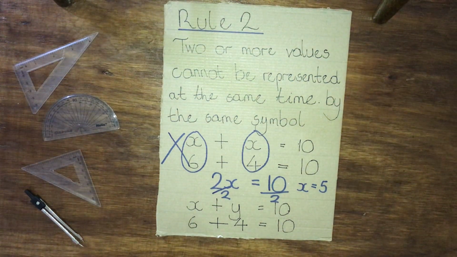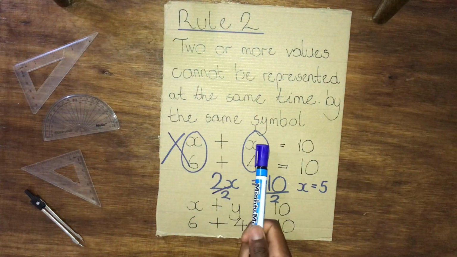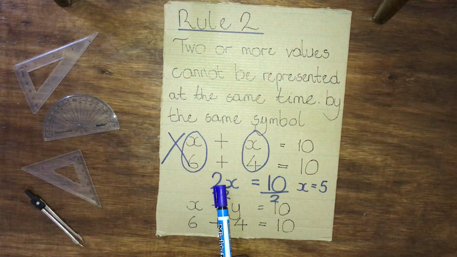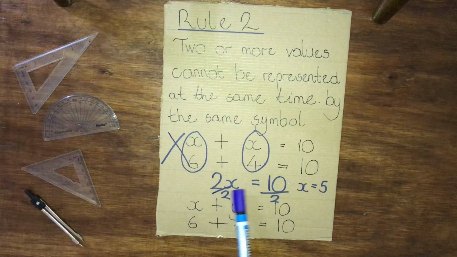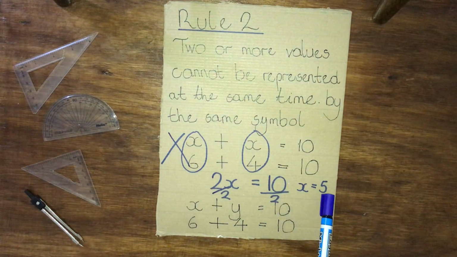Why? Because here we are given the same symbol. We can assume that that symbol has one value, and that can be proven. If we add the number of x's we see, we get 2x is now equal to 10, and if we divide both sides by 2, we get x is equal to 5.